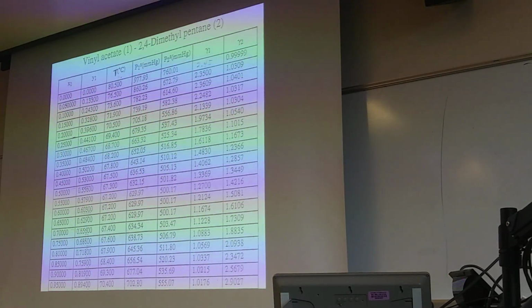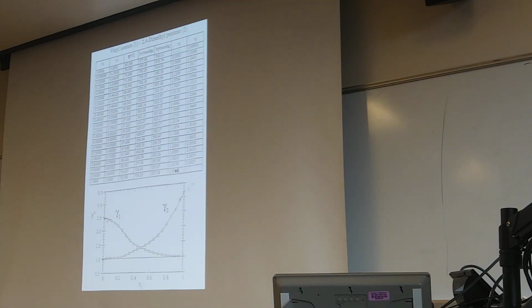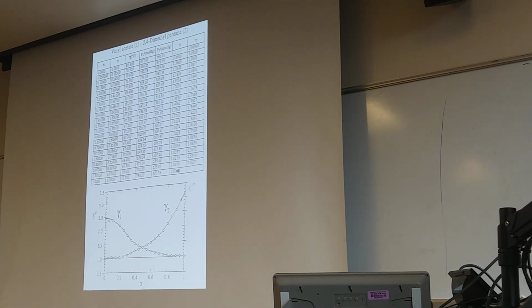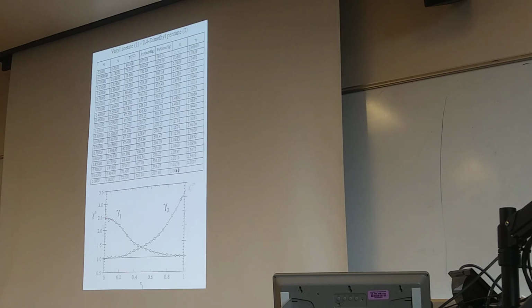Let's take a look here at what that looks like. Everyone see that? So I've got gamma 1 and gamma 2 plotted up here. And you notice the limiting values, that at a mole fraction of 1, the activity coefficient has to go to 1. We require that. So gamma 1 goes to 1 here when x1 goes to 1.